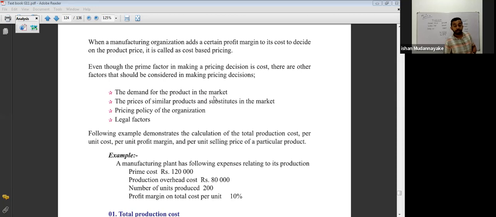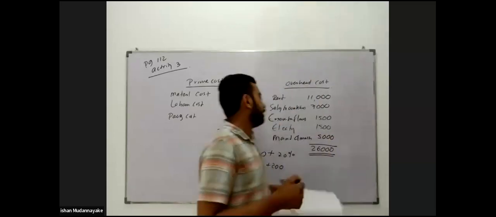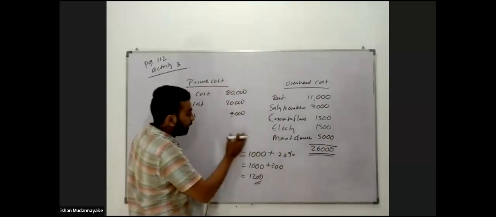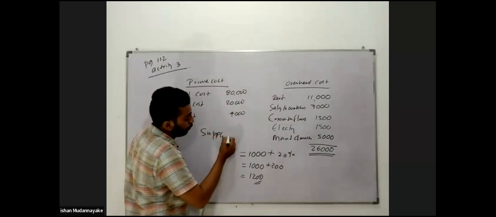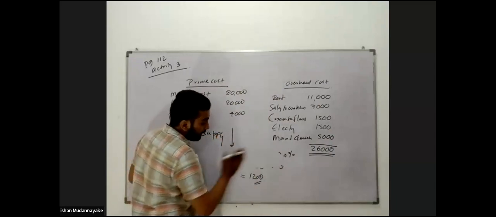Okay, demand. By considering the demand for the product, a manufacturing business organization sets the market price based on the demand. For example, the current vegetable price. There's a high demand, but supply is low. Currently, for vegetables, students, supply is low, but demand is high.